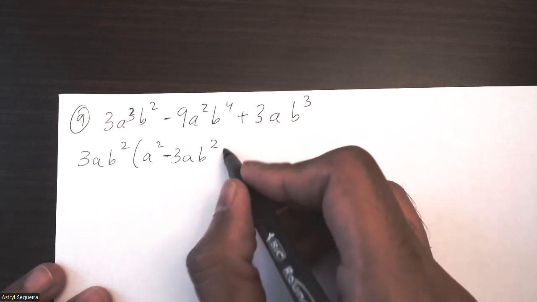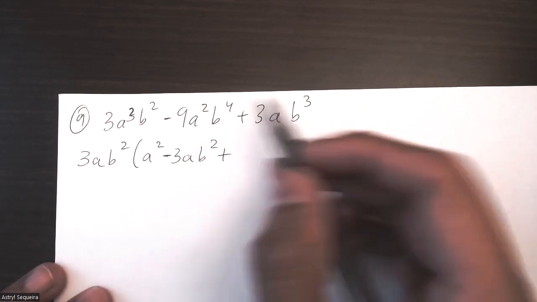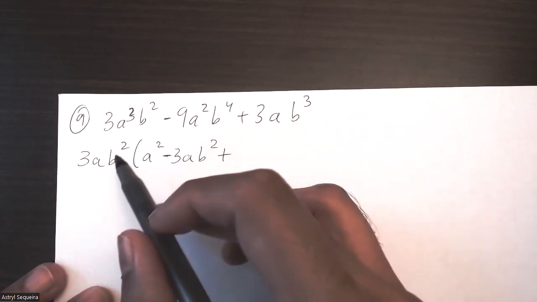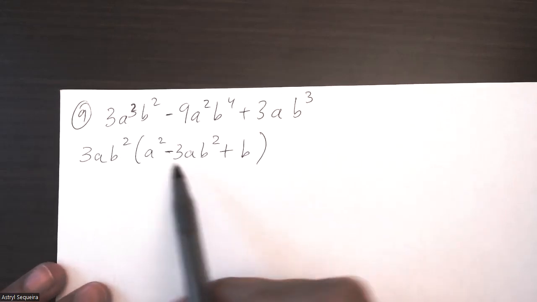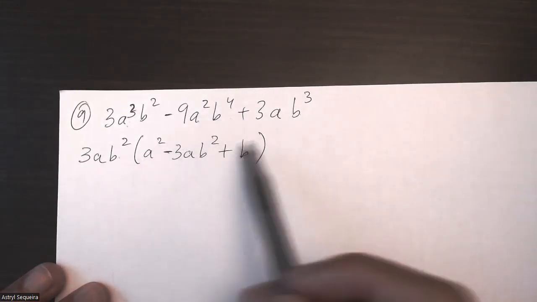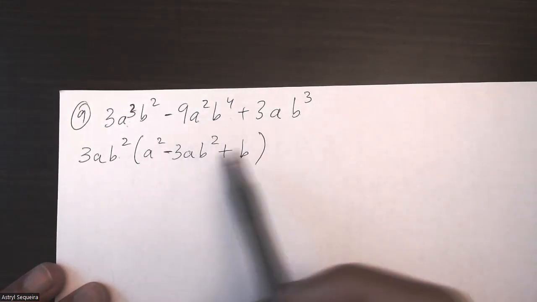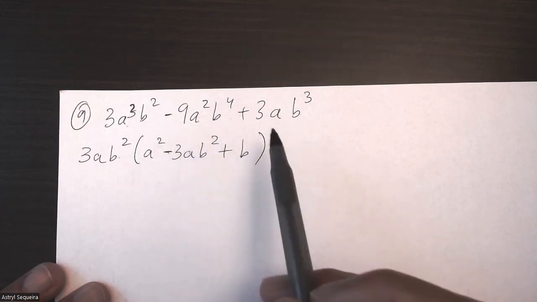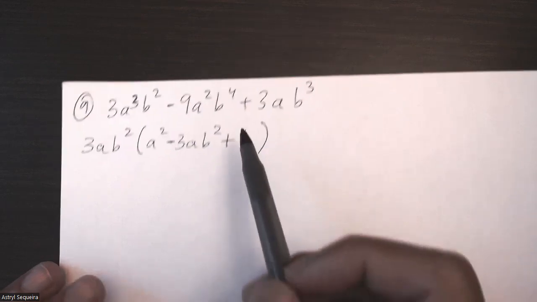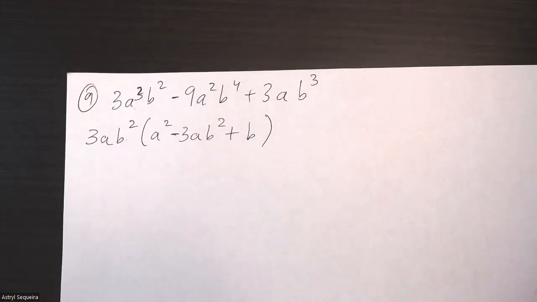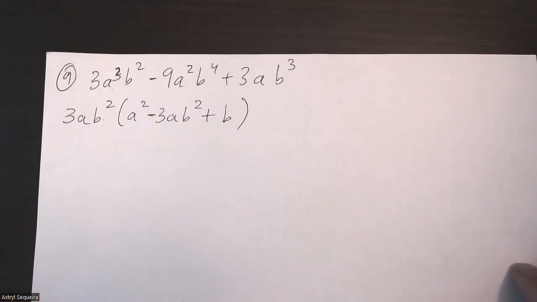And then 3 divided by 3 is 1. A divided by a is 1. B cubed divided by b squared is b. And now this is just my final solution because this does not represent a simple or complex trinomial because the first term and last term have to have squares, and then you just have to have regular terms in the middle. So in this case, this is just my final solution.